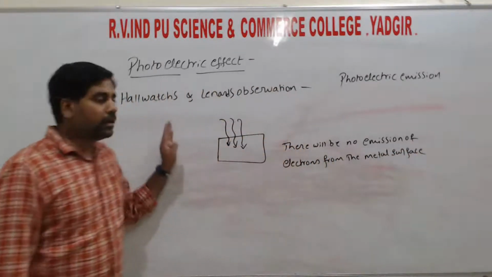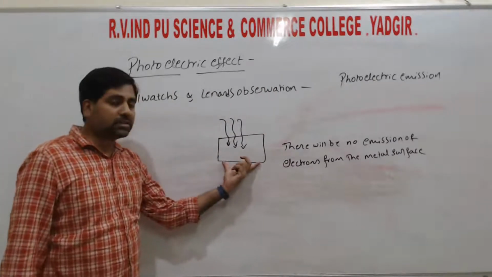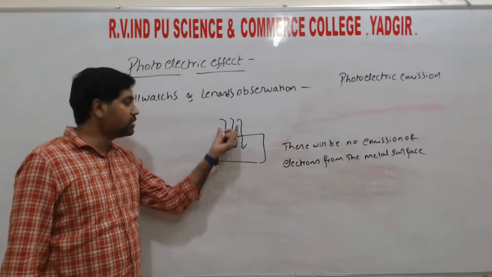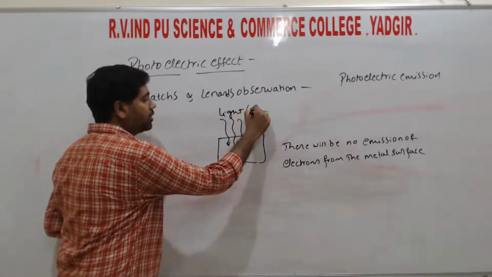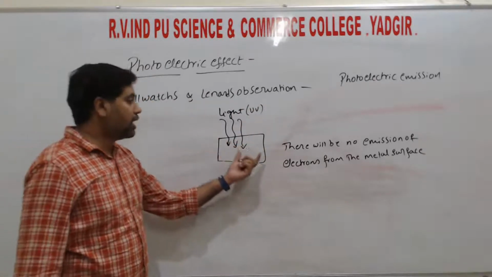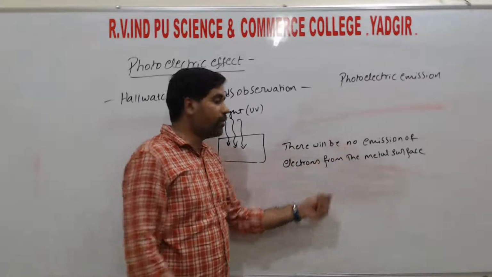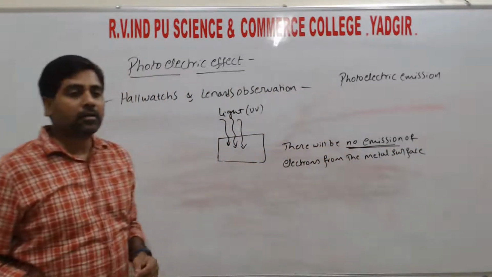So both Lenard and Hallwachs observed that for certain metals, when light, that is UV light, is incident on this metal surface, then also there will be no emission of the electrons, right?